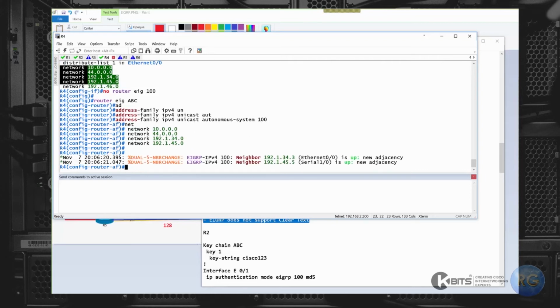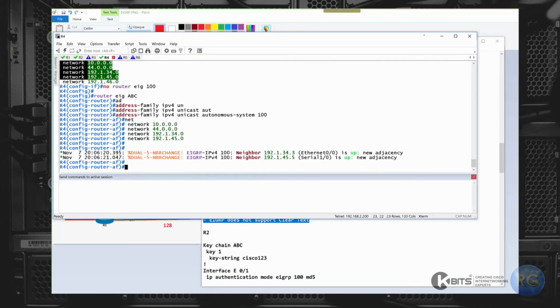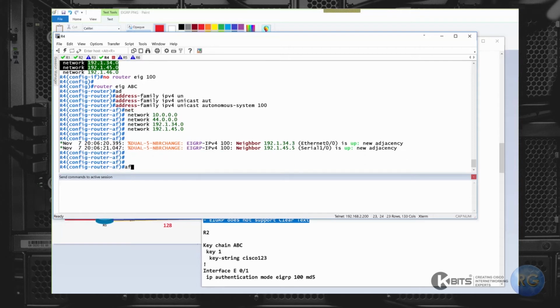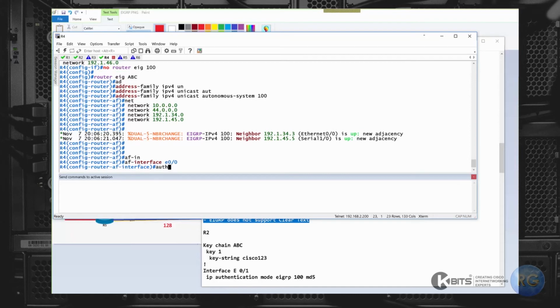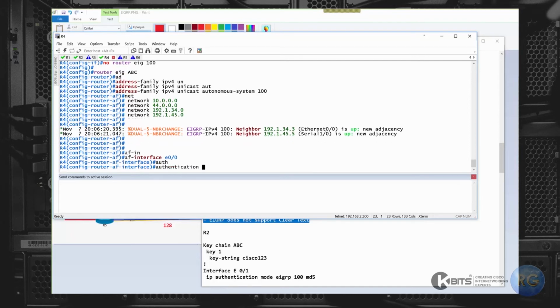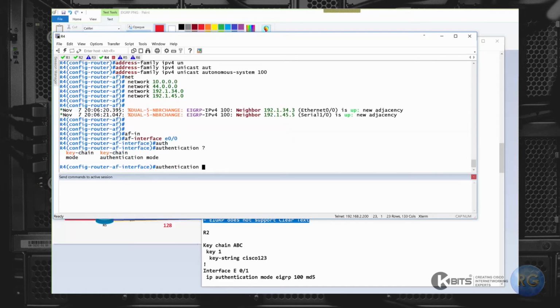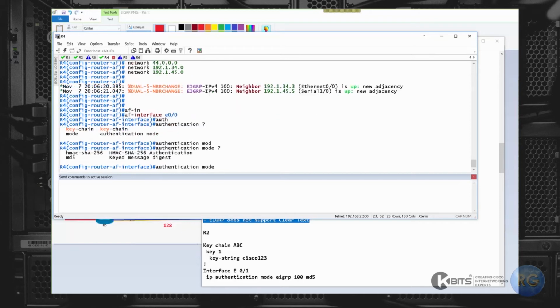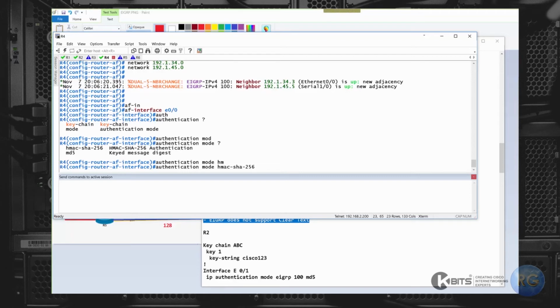Good. So now I have my neighbor relationships up, but now I do have the ability to go into my interface E0/0, authentication, what, question mark, mode, question mark. What do you guys see over here? HMAC, SHA-256, right?